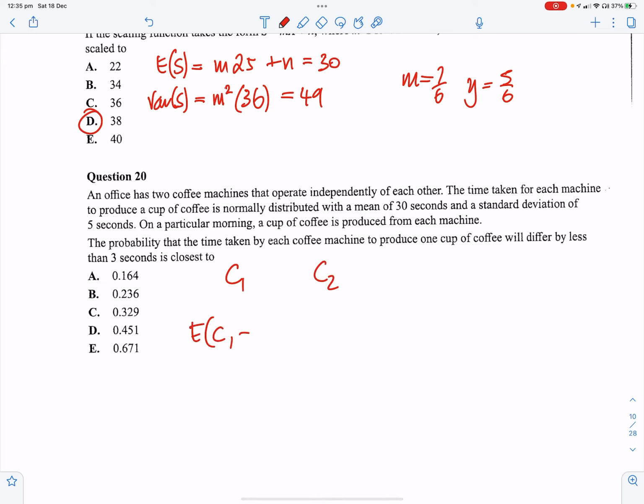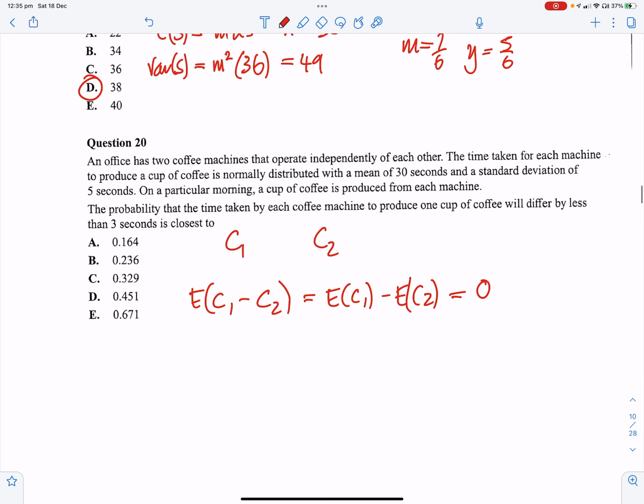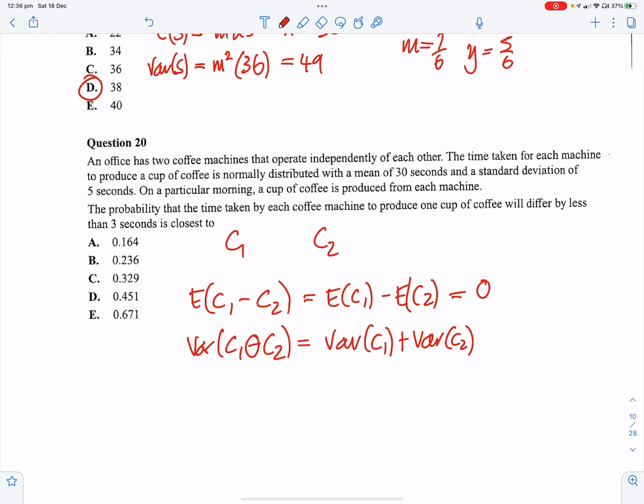E of C1 minus C2 is E of C1 minus E of C2, which is 30 minus 30, which is just 0. Var of C1 minus C2 is var of C1 plus var of C2. Remember, when we square that, we get a positive. The variance is 25 plus 25, so it's 50.